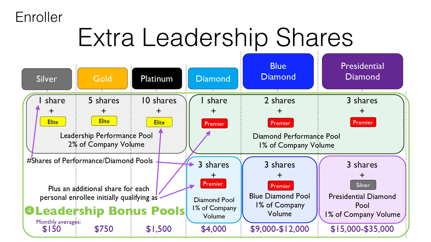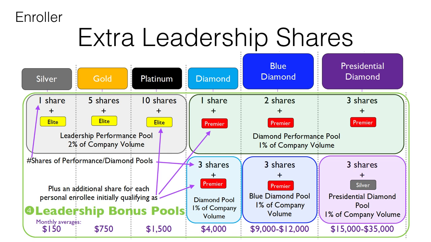For instance, a silver receives 1 share of the leadership performance pool, which is also shared with the gold and platinum ranks. Now, the silver can receive an additional share if that silver helps someone that they have personally enrolled reach the rank of elite.